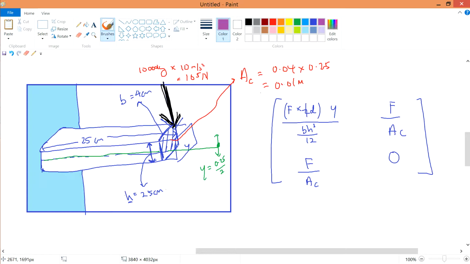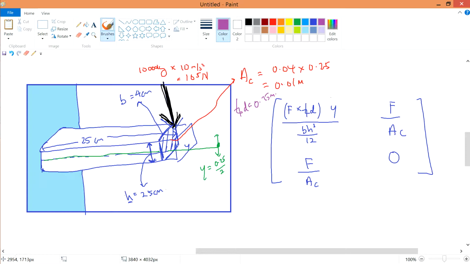And last but not least, the perpendicular distance in this case is 25 cm, because the force is applied here times its perpendicular distance, which is this one, and that's it. The perpendicular distance equals 0.25 meter.